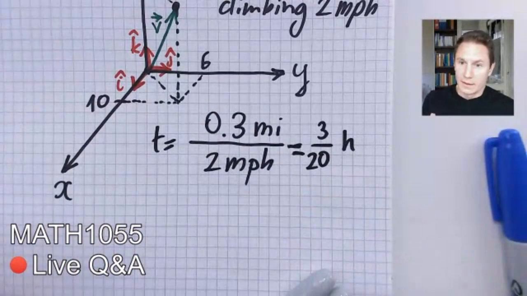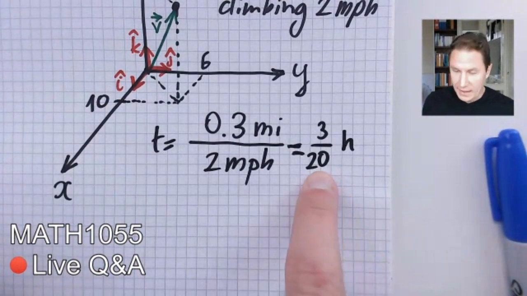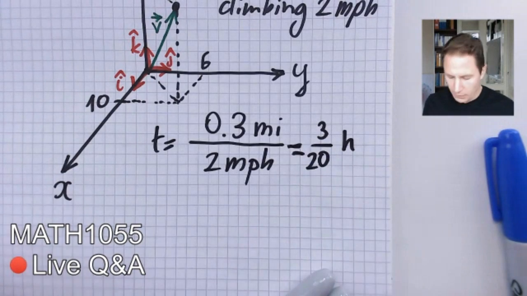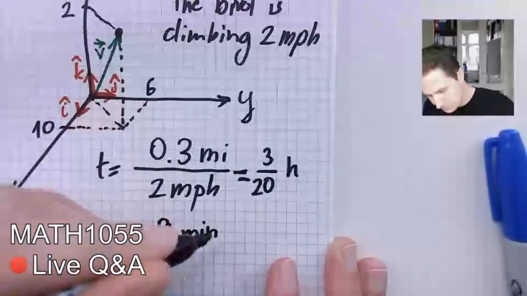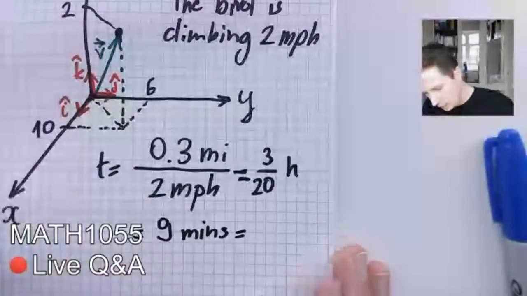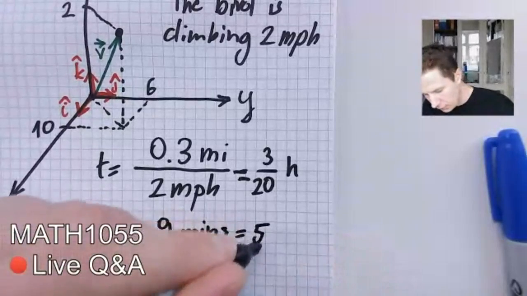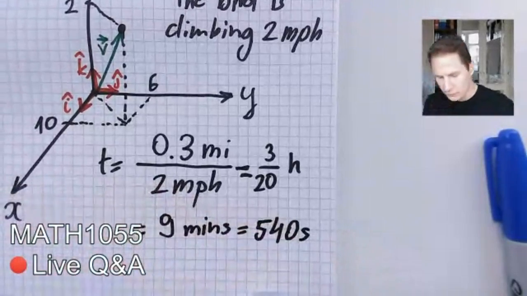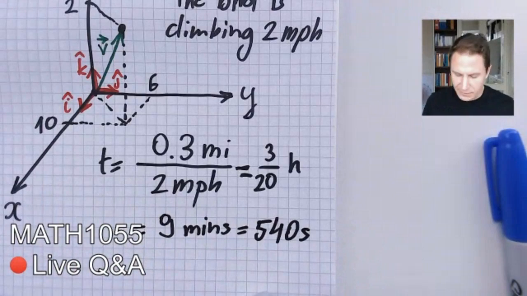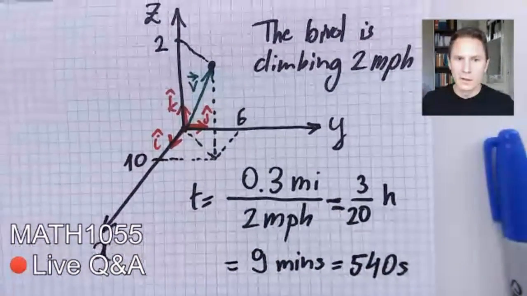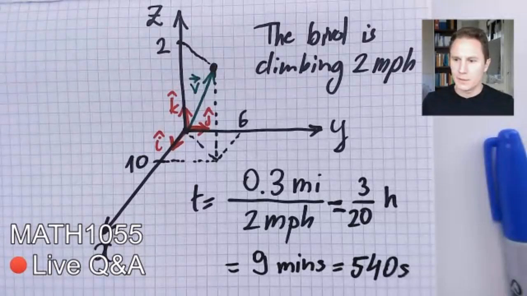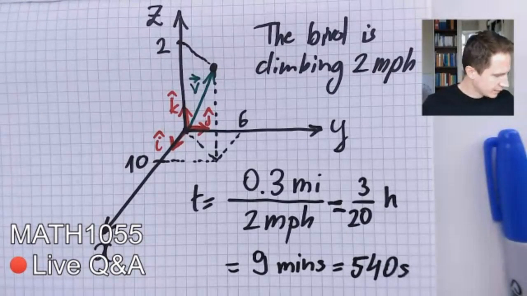So 1 hour is 60 minutes, divided by 20, that's 3 minutes. 3 times 3 minutes, that's 9 minutes. And 9 times 60 is just 540. So 540 seconds is the answer in seconds. Okay, so that was the whole idea behind this problem. I hope this was clear.